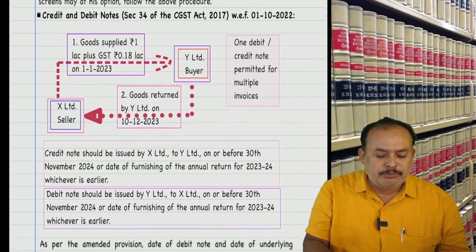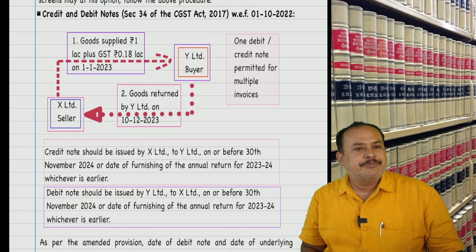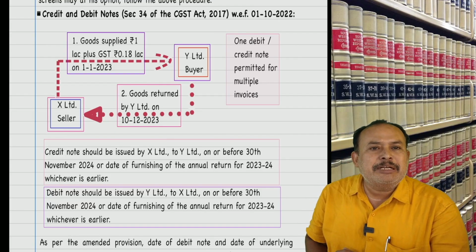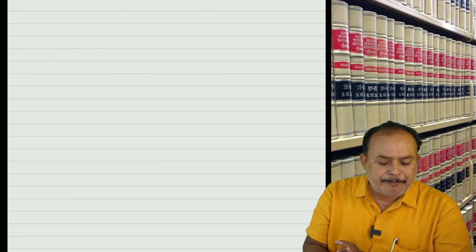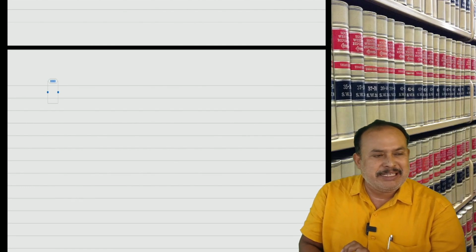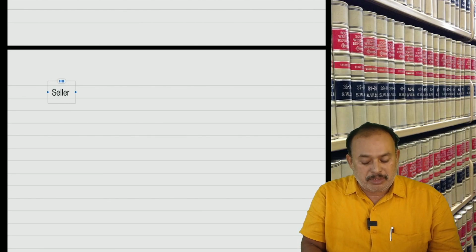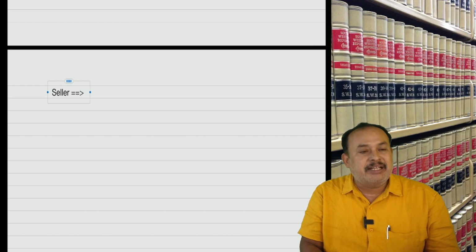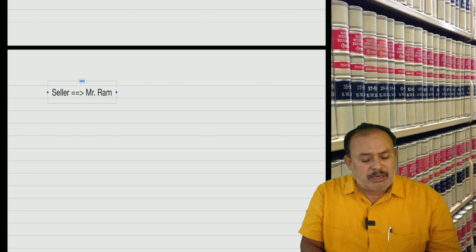Coming to the debit note, credit note concept. What is there in the material is for your reference. What I am referring to here is this. Seller. Who is the seller here? The seller is Mr. Ram.